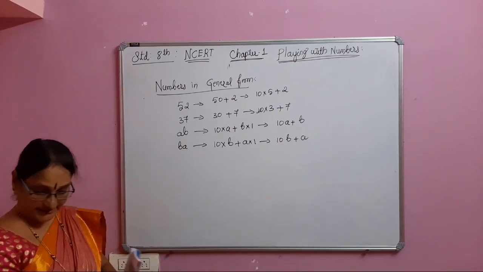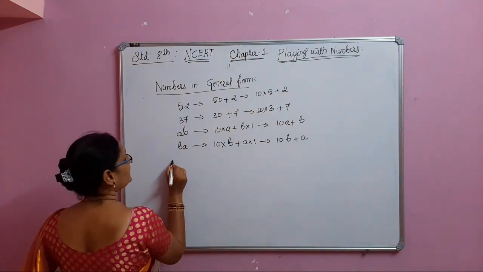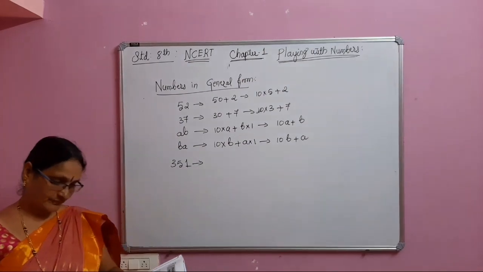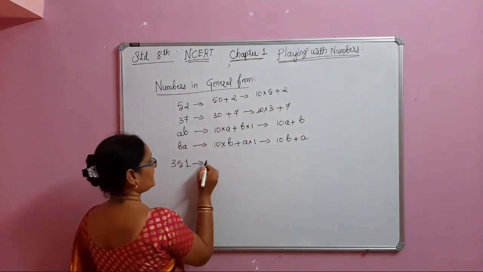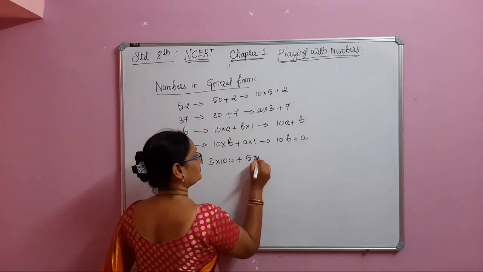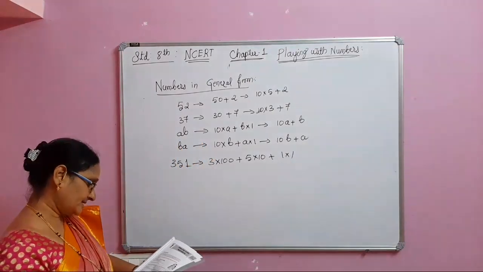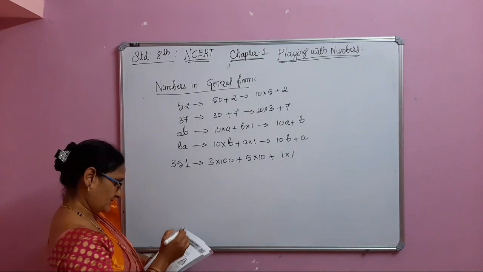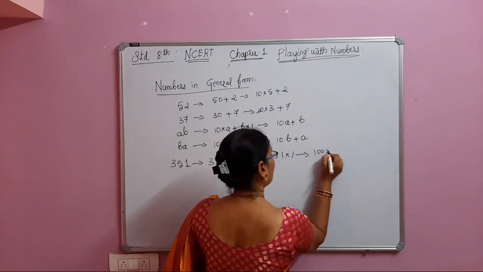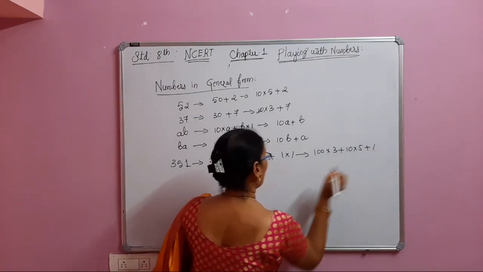In the same way, we will take a 3-digit number. Suppose 351 is a 3-digit number. How can we write it in the general form? 3 into 100 plus 5 into 10 plus 1 into 1. So this can be written as 100 into 3 plus 10 into 5 plus 1.